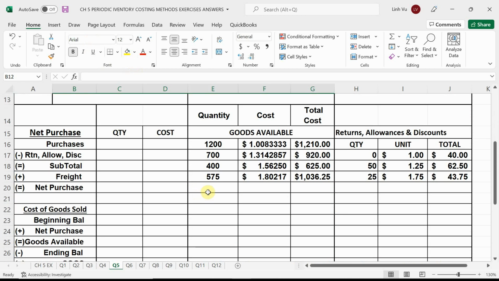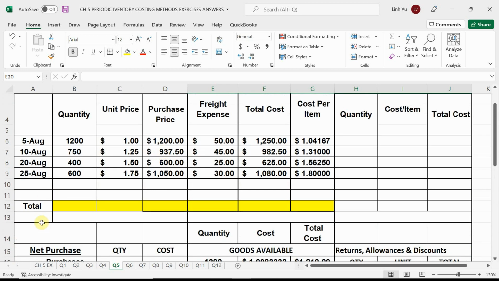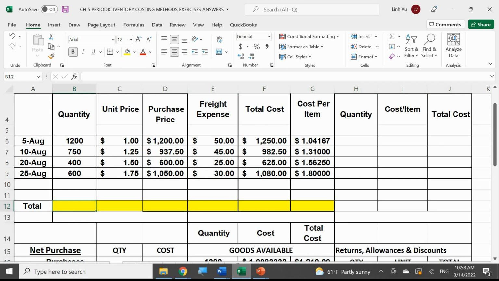Then I need to figure out what my total goods available are, as well as my total returns and allowances. Starting with the first one, how many total items did I purchase? Yep, 2,950. Good.